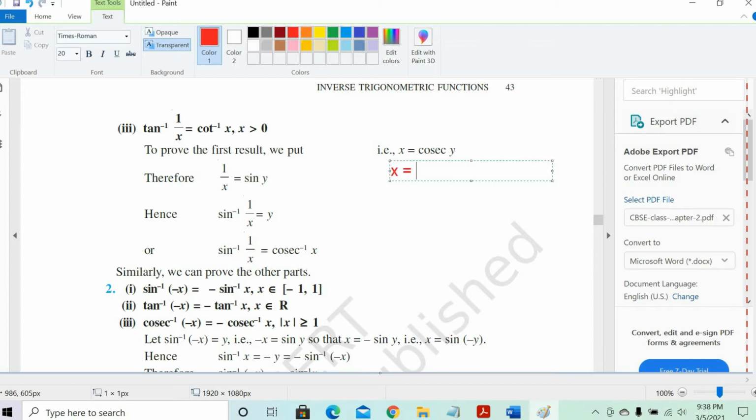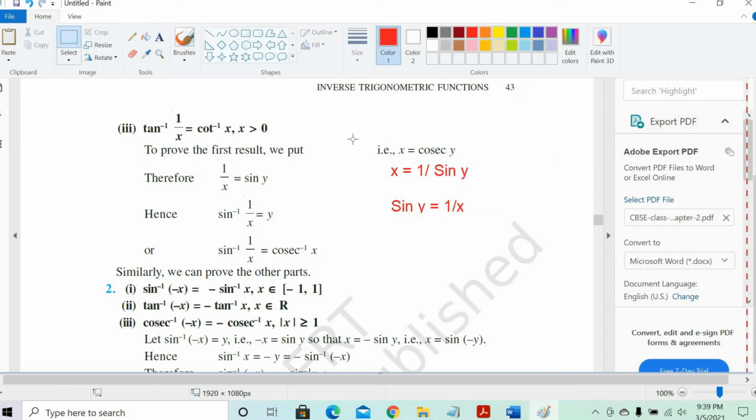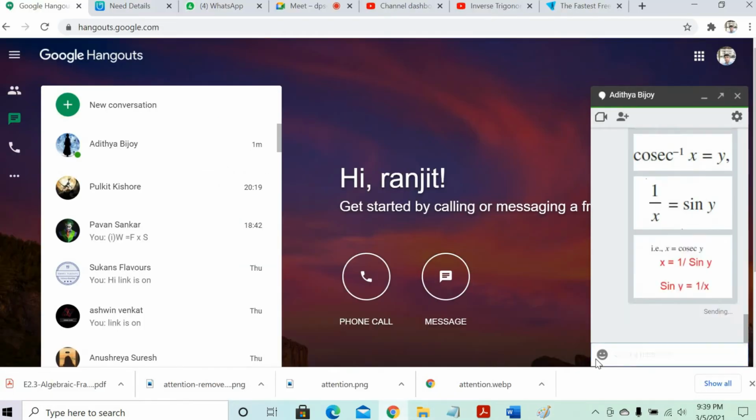So x is equal to 1 by sin y, then sin y is equal to 1 by x. This part goes in the series so you'll be able to understand. Did you get it now?